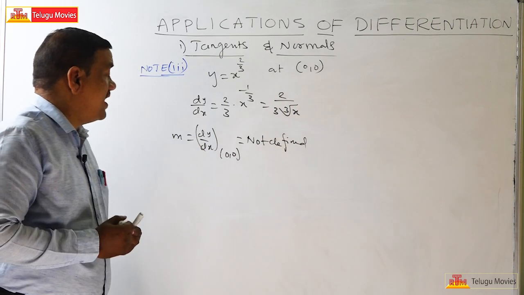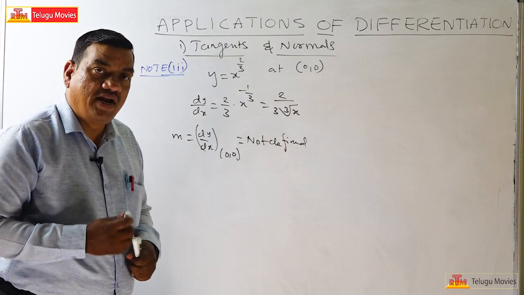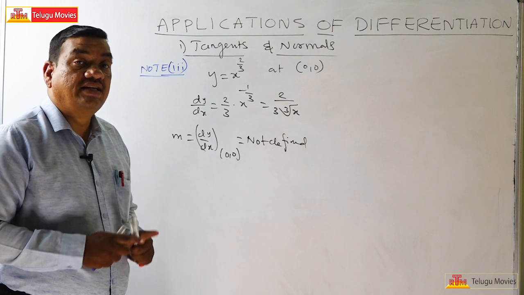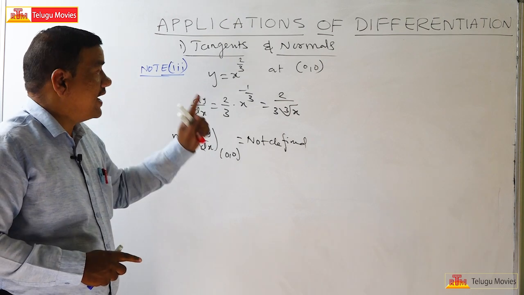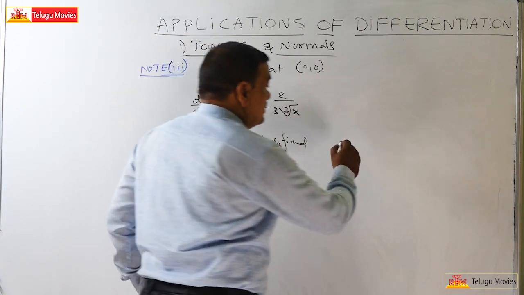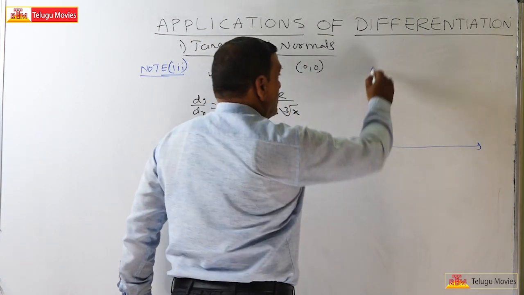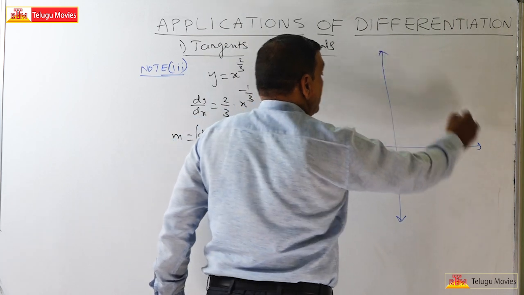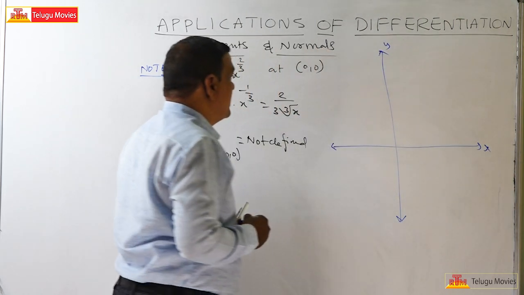Even though dy by dx is not defined, the tangent may exist for the curve at that point. How, sir? Let us see the graph of this curve. So this is the x-axis and y-axis.